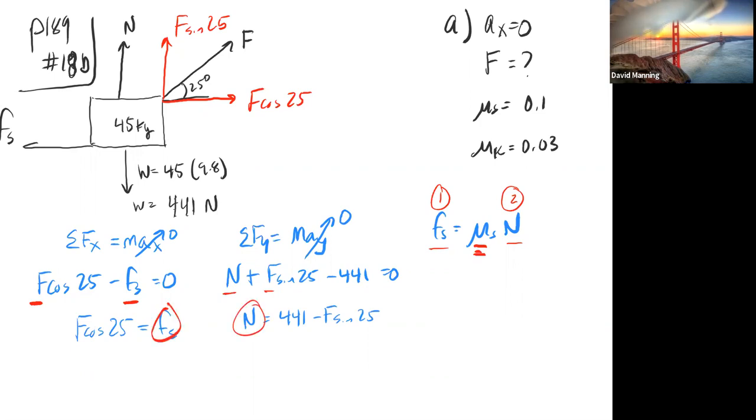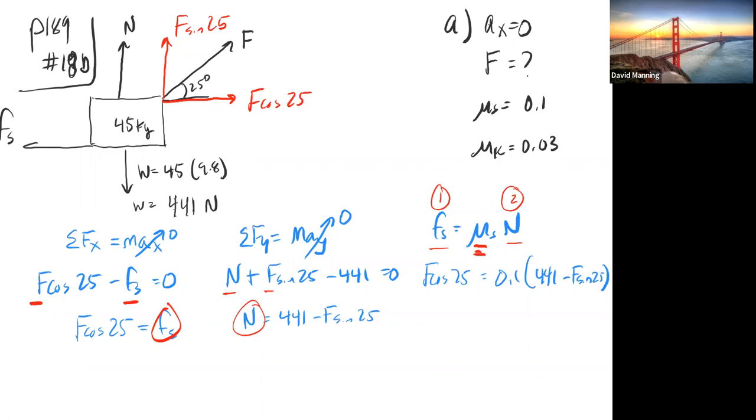Now I can plug them into this third equation. So that gives me F cosine 25 equals 0.1 times 441 minus F sine of 25. Now how many unknowns do I have?